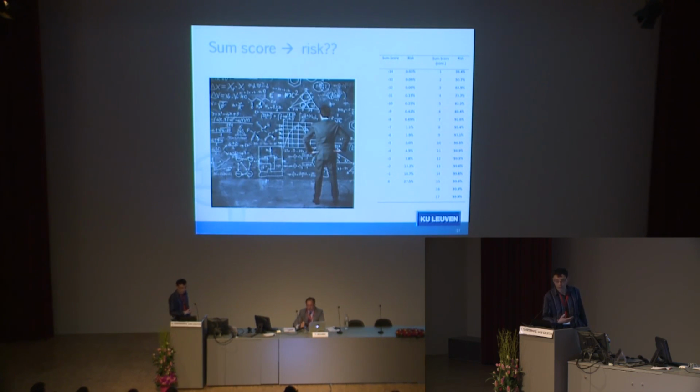Now, how you get from the sum score to the risk, there's basically a fixed table. So you compute the sum score for your patient, and you link it to the risk estimate that you see in the table. So that's the general idea of using the simple rules to also get an estimated risk of malignancy.